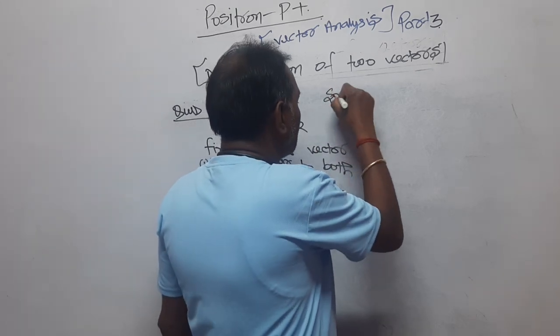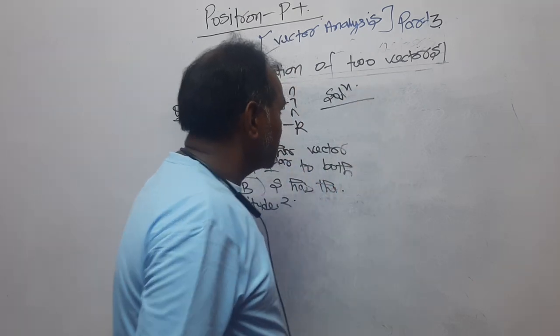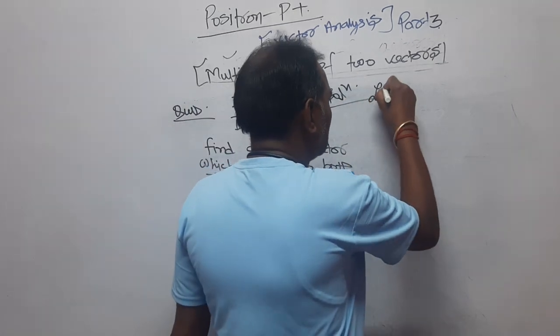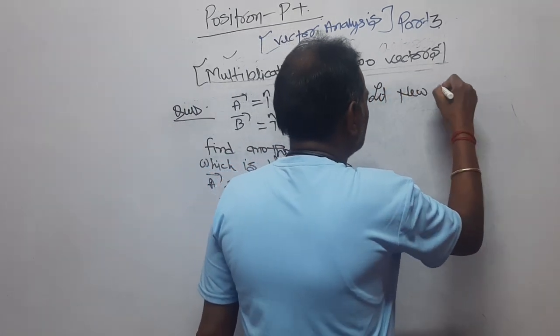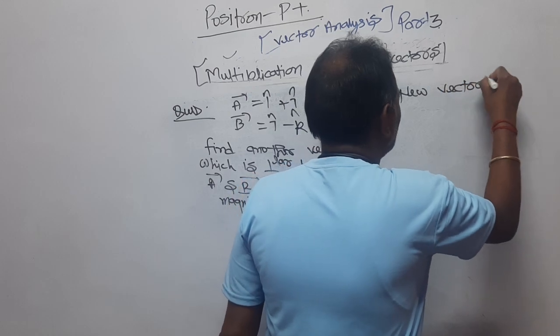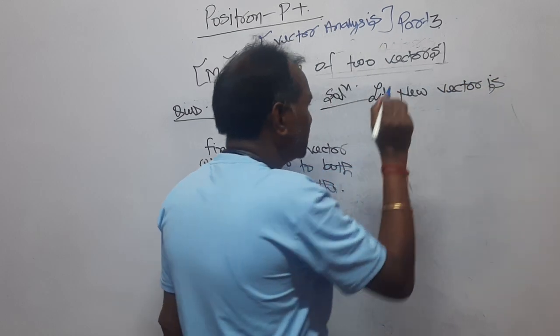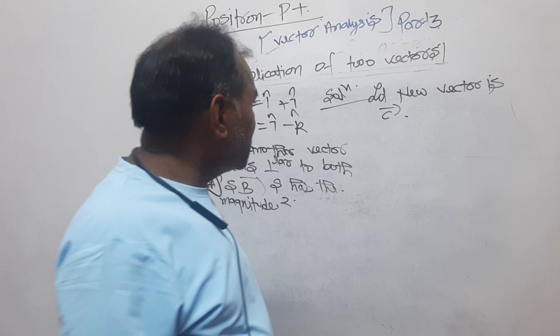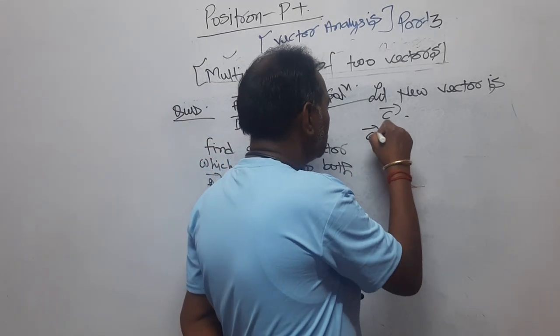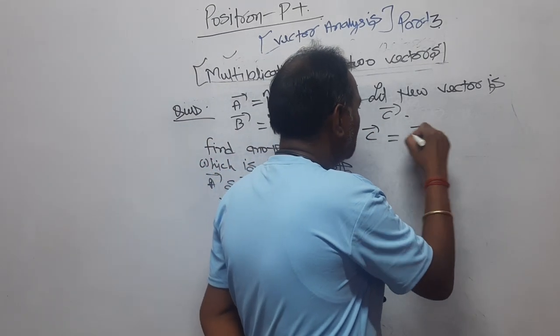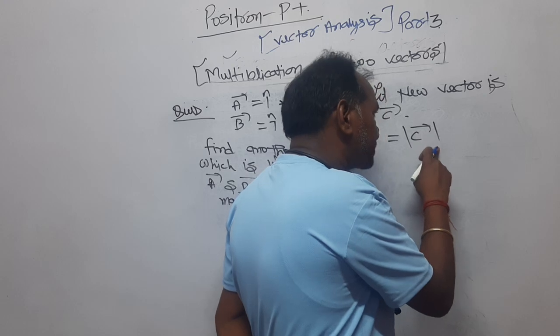How do I write the solution? Let the new vector be vector C.